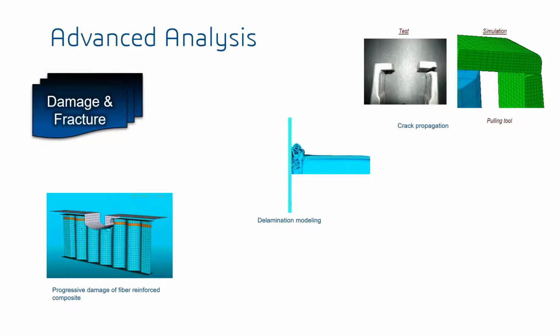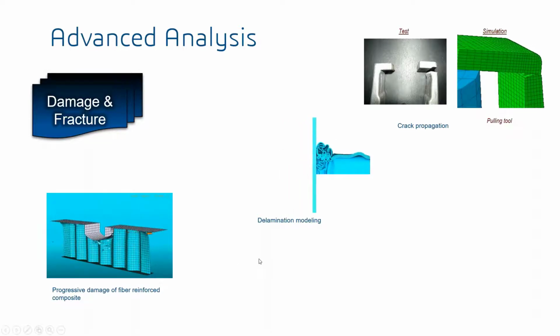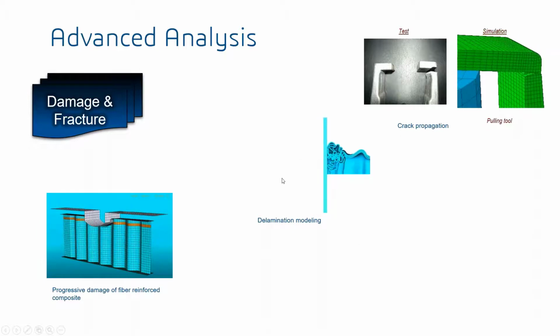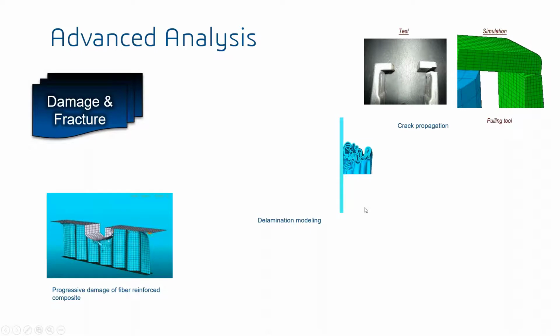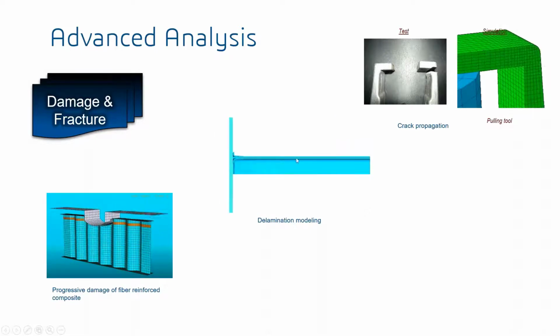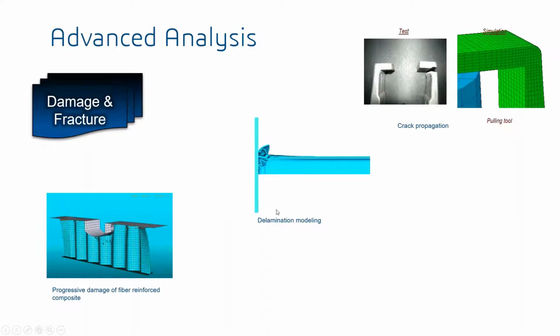In some extreme cases, as we can see on some of the animations here, we actually use the damage behavior to provide the product performance, like crash safety or energy absorption systems.